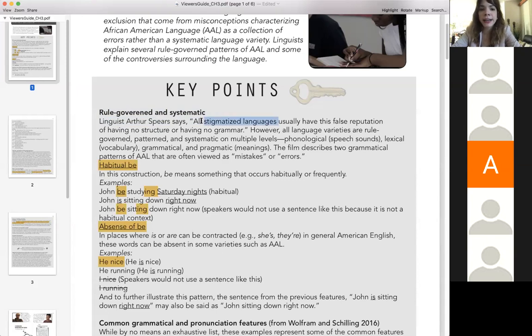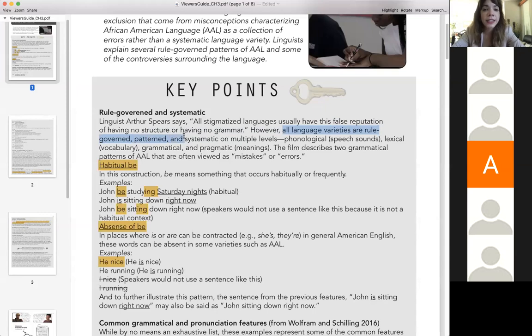So stigmatized languages, como que indigenous languages, African American English, Latino English, etc., have a false reputation in the United States of having no structure or no grammar. A lot of people say, it's random, that's incorrect, that's incompetent, right? However, all language varieties, all ways of speaking need to have rules. They're rule governed. Otherwise, how would we understand each other?